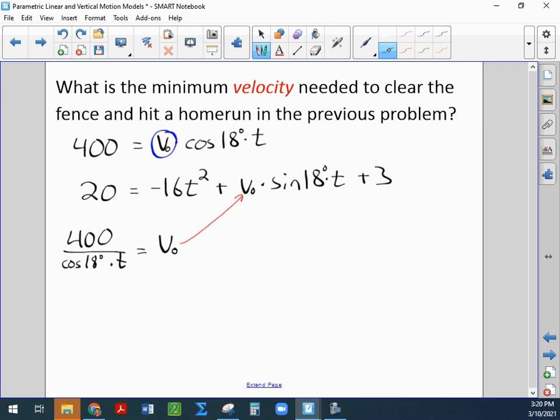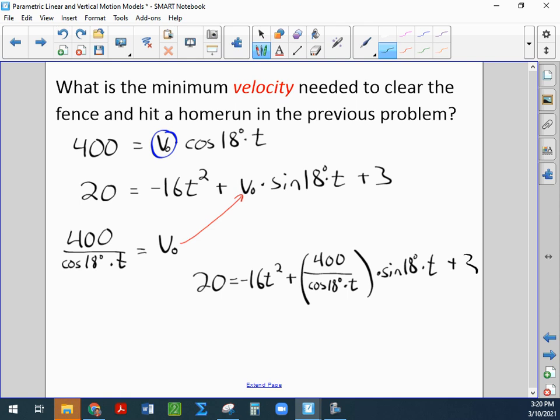So my other equation is going to become 20 equals negative 16 t squared plus 400 over cosine 18 degrees times t times sine of 18 degrees times t plus 3.